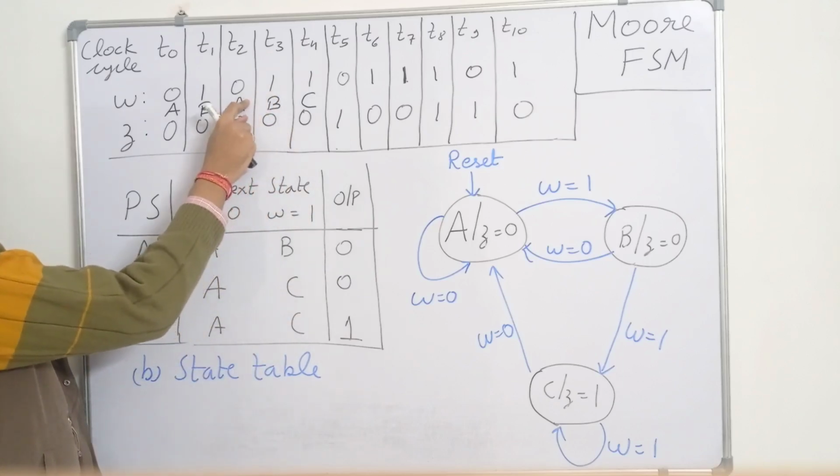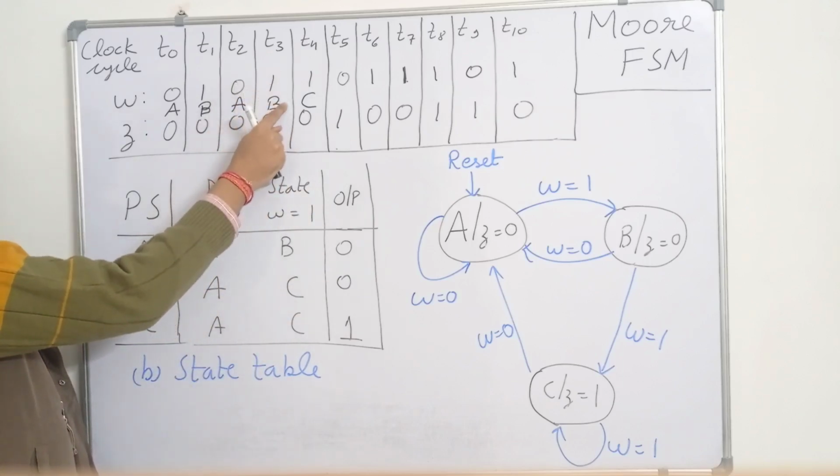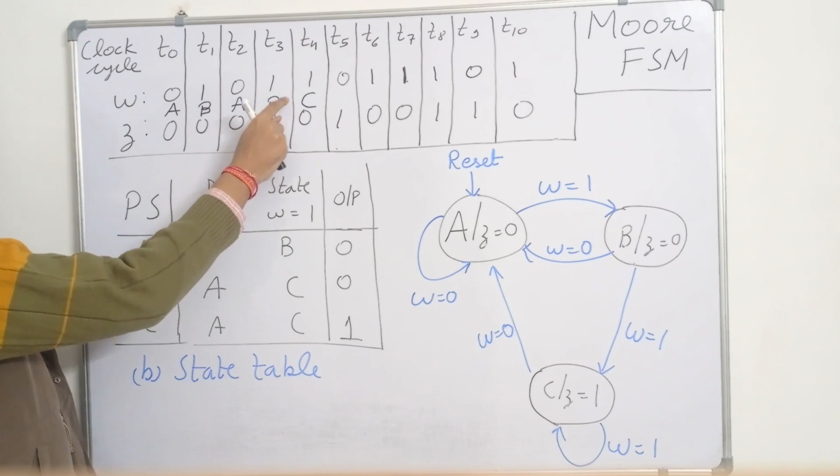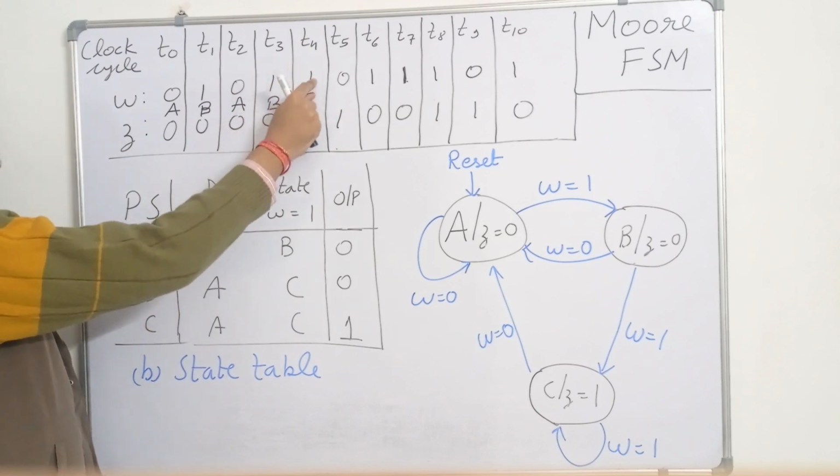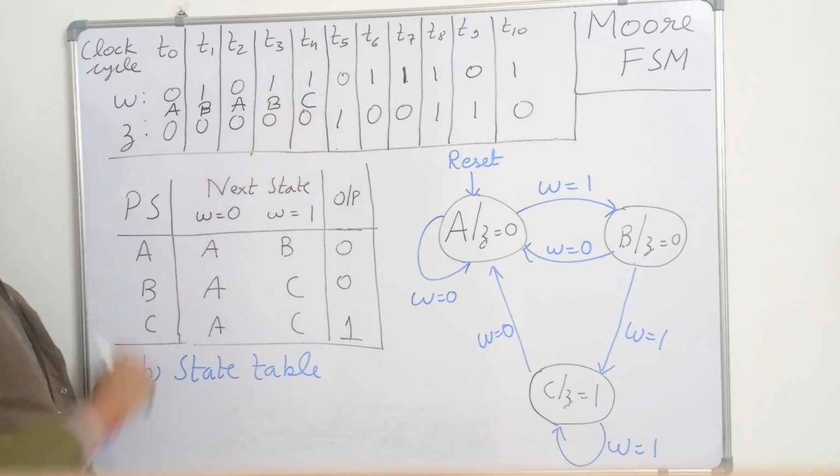So system is in state A, input is 1, system will be in state B.